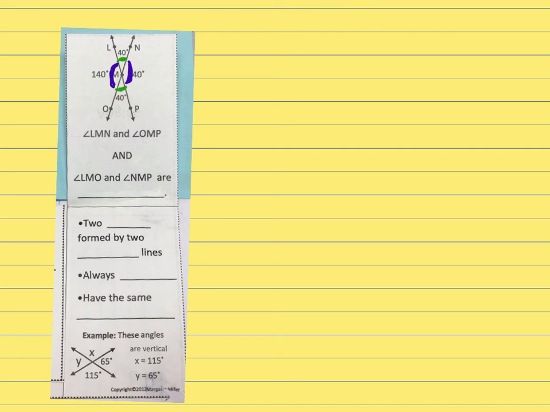So on this one, I'm going to put congruent right here. And then at the bottom, it's going to say two angles formed by two intersecting lines, they are always, always, always congruent, or they have the same angle measurement.